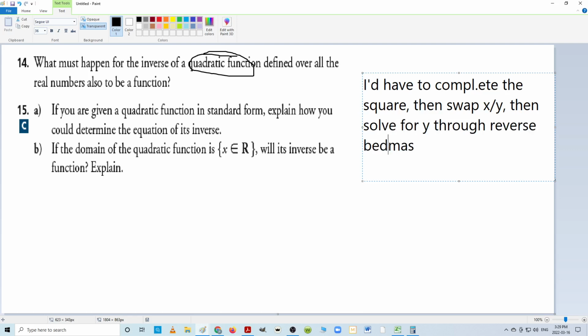If the domain of the quadratic function is all x, will its inverse be a function?